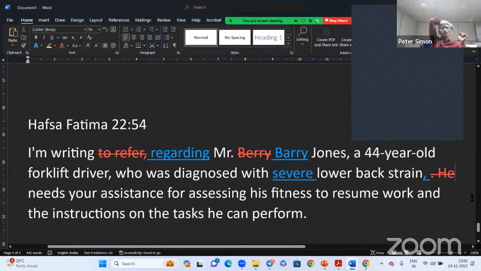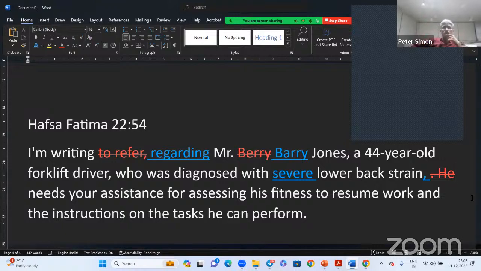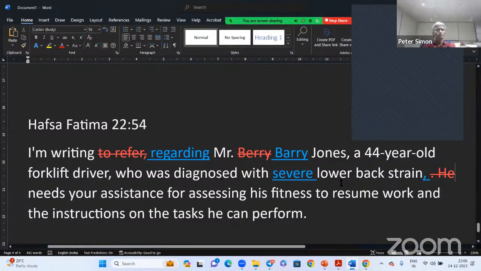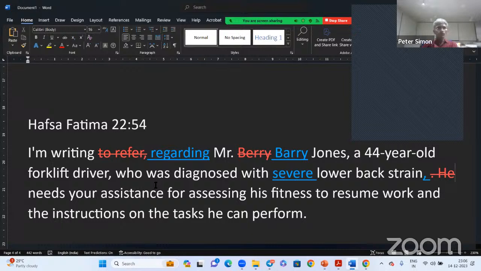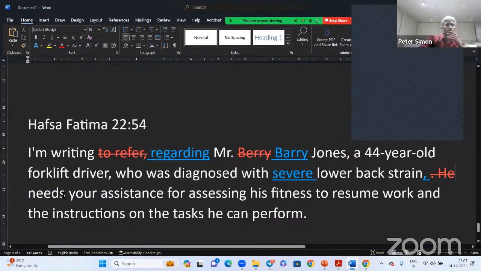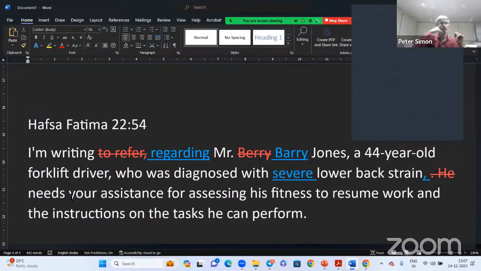Writing regarding Mr. Barry Jones, a 44-year-old forklift driver who was diagnosed with severe lower back strain, needs your assistance for assessing his fitness to resume work and needs instructions on the tasks he can perform.